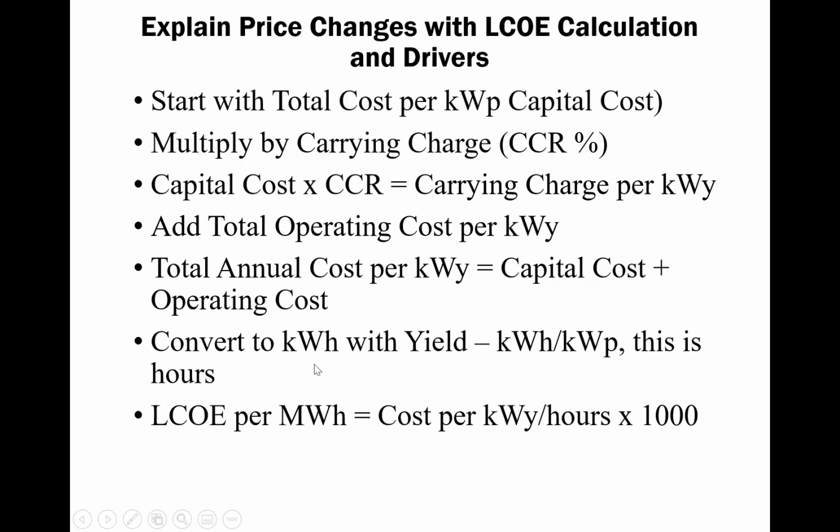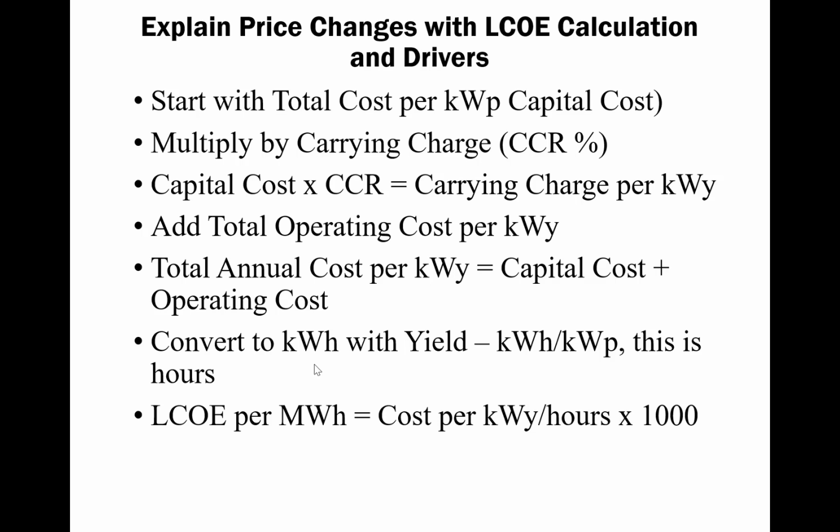And then we're going to talk about yields and capacity factors and all sorts of different things. But in solar, you often compute the kilowatt hours, the sum of the hours, generally for a year, divided by the kWp, and you call that the yield. And if you really take away the P, it's kWh divided by kW. That gives you hours.